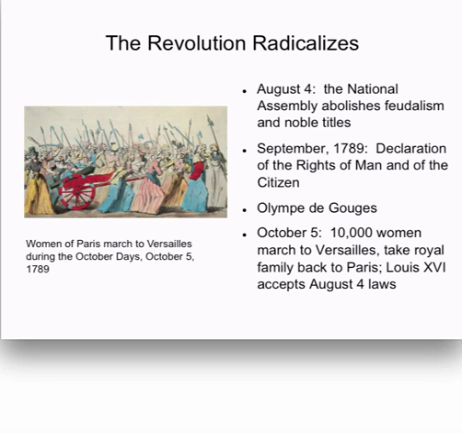You see, the gender codes of the time protected women in a certain way. Men obviously were not supposed to hit women, certainly not kill them. And so often, women who took part in these actions were more or less immune from punishment, unlike their husbands or brothers. So it was often the case that women did play a major role.